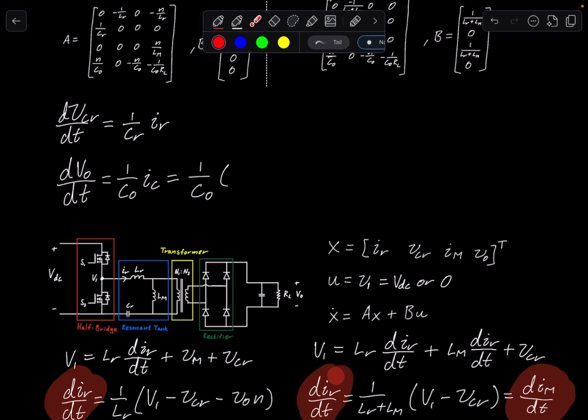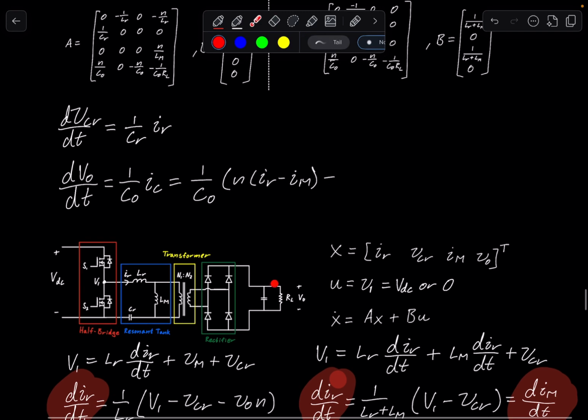And then we also need to multiply with the gain of the transformer. So we have N, and then multiplied by IR minus IM. And then we need to do minus because some of the current would flow to the output. Now the output current is defined as V out over RL.